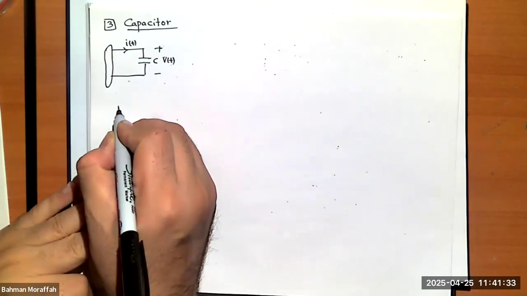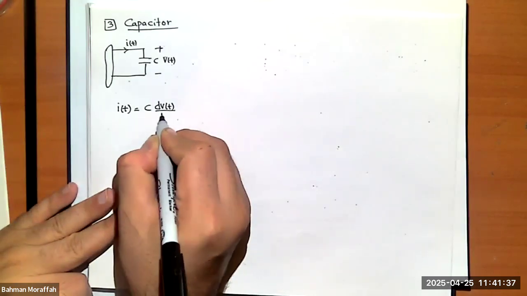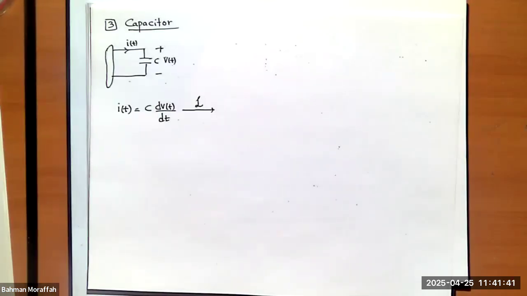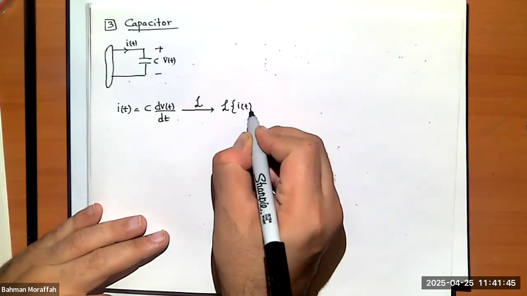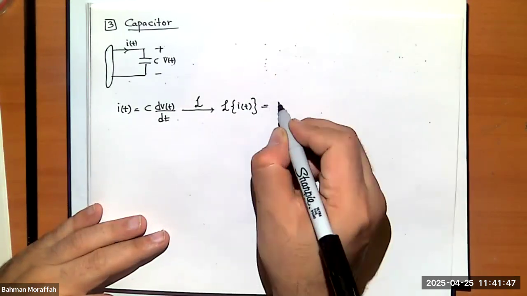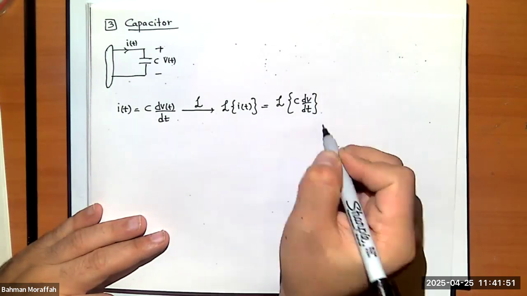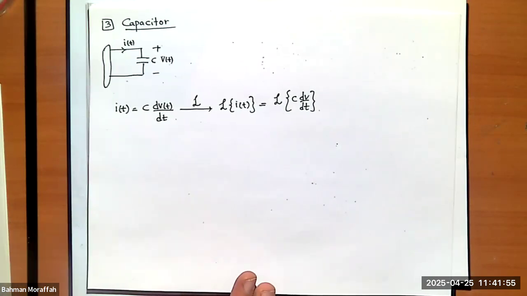So I know i(t) is C dv/dt. Again, I can take the Laplace transform of both sides. So I have the Laplace transform of i(t) equals the Laplace transform of C dv/dt. I know this C is constant, so I can pull it out.